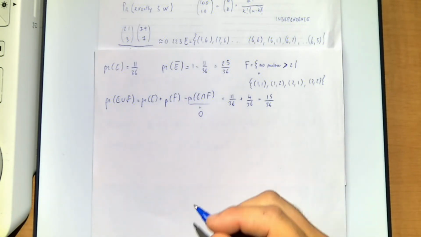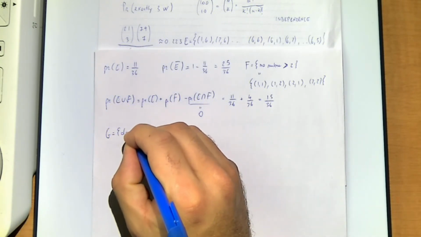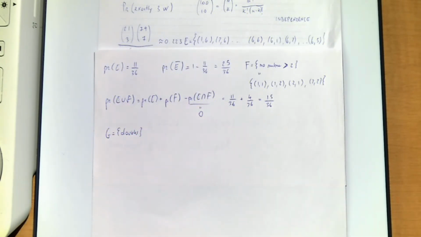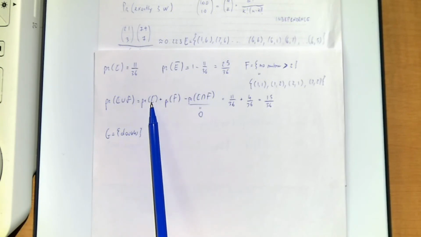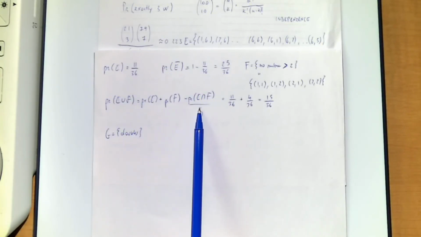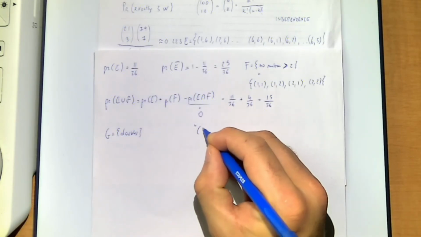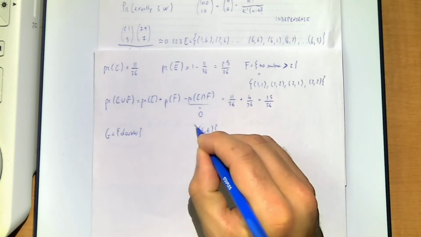What if I consider another event, for example, doubles, which is, of course, all the pairs 1 1, 2 2, 3 3, 4 4, 5 5, 6 6. So there are 6 of them. Now the two events are not disjoint anymore. So following the same rule, we count 11 over 36 plus 6 over 36 minus the intersection, which in this case corresponds exactly to the pair 6 6. Right?